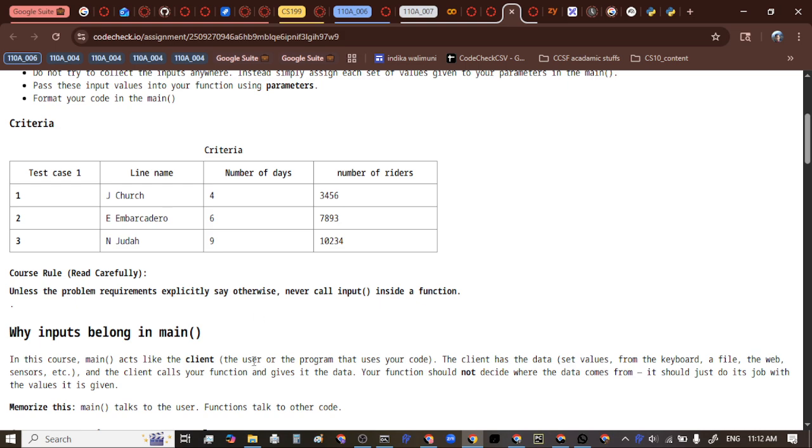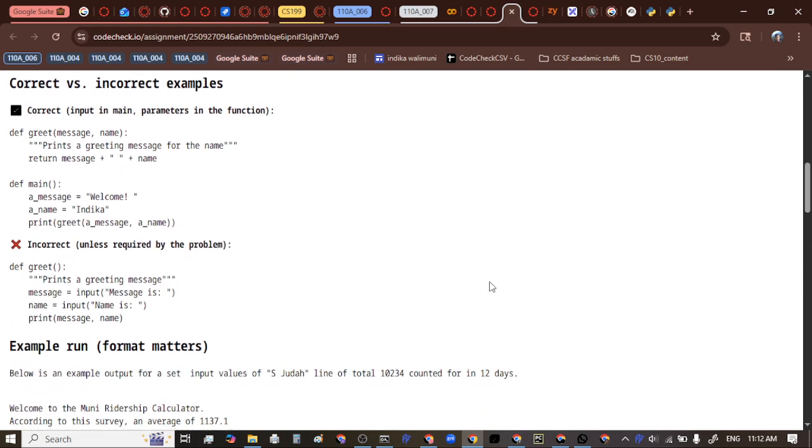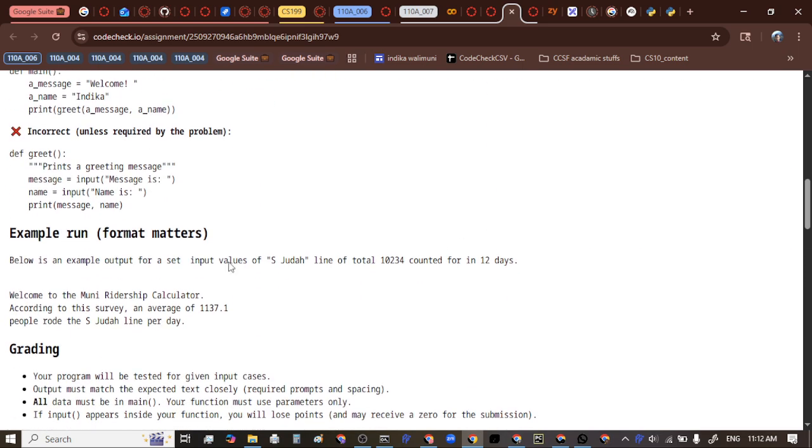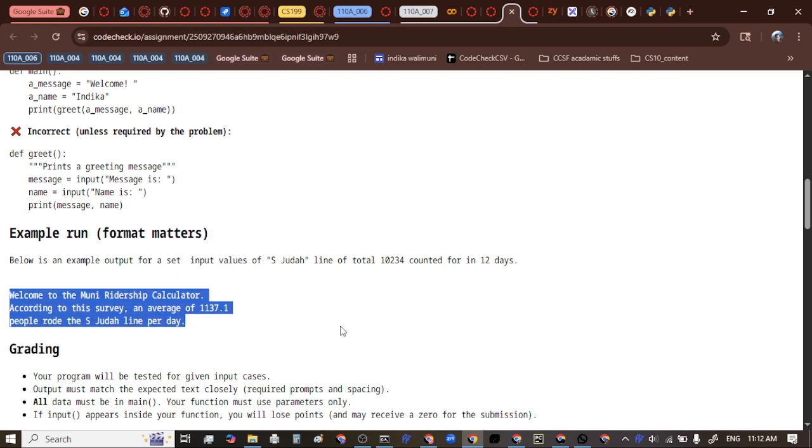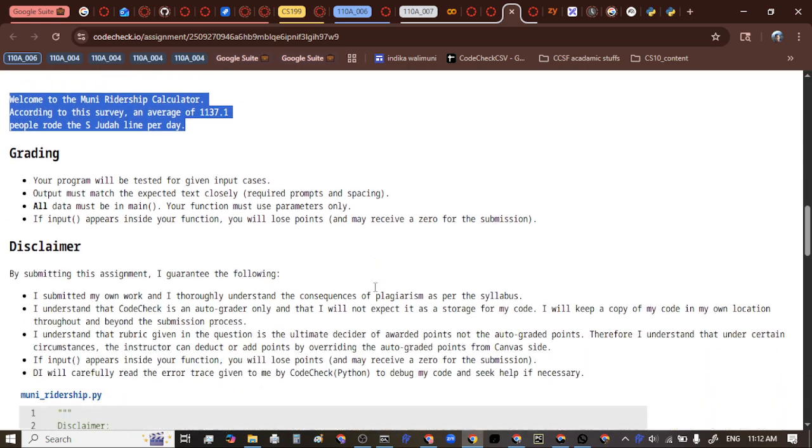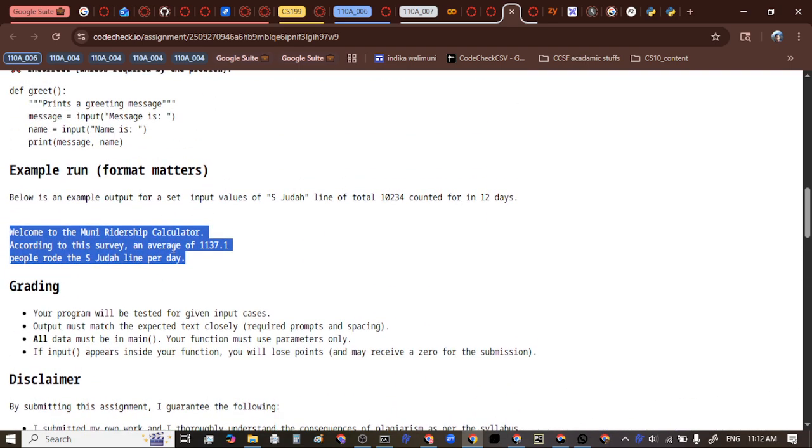And then take a look, your output needs to match this format. Once your program runs without syntax error, if you are still getting stuff in red, that means even though you don't have syntax errors, your output is not matching.